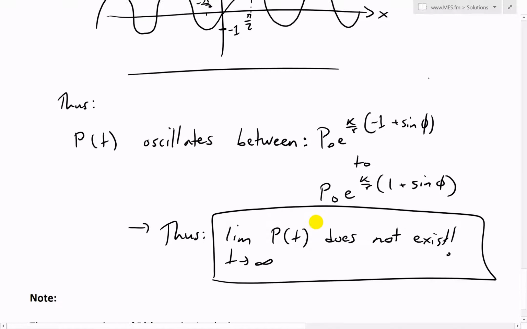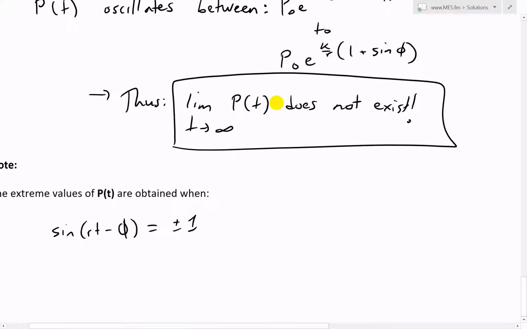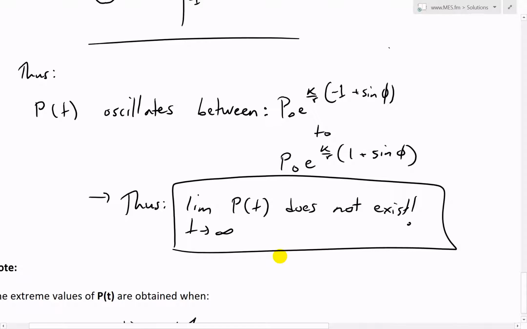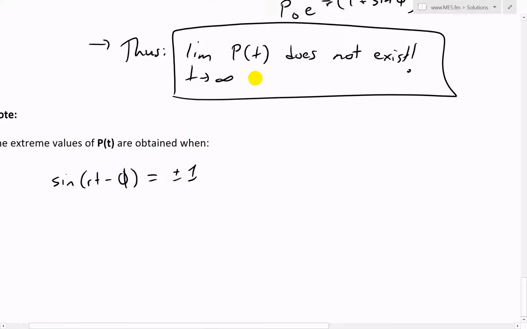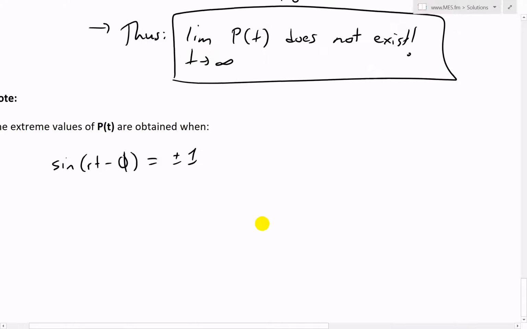So these are the extreme values here. Since this function is e to the power of this, you're subtracting 1, the largest negative number in sine(rt minus phi), which is an extreme on the low end, and plus 1 is the extreme on the upper end.